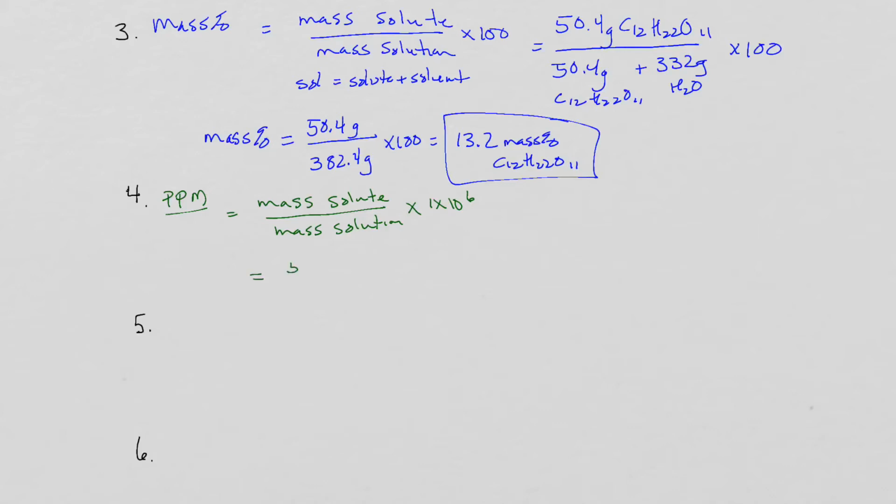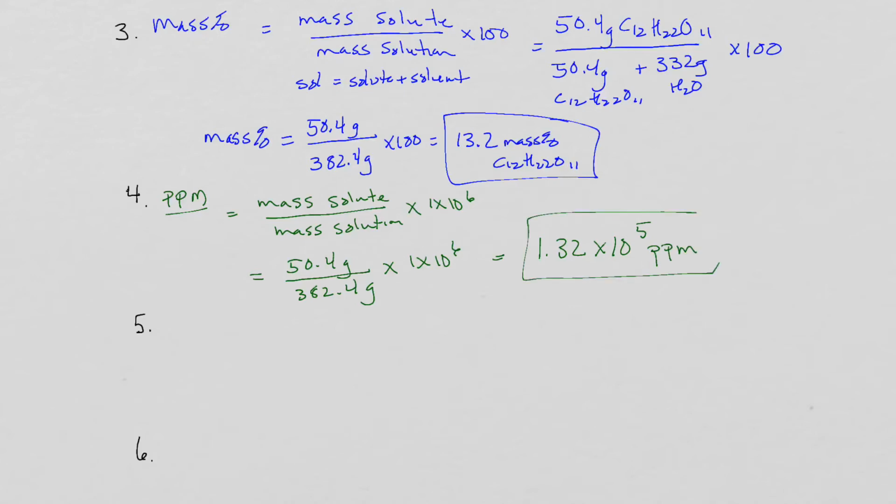We're going to take our 50.4 grams divided by our 382.4 grams times 1 times 10 to the 6th, and we get 1.32 times 10 to the 5th parts per million, or 132,000 parts per million.